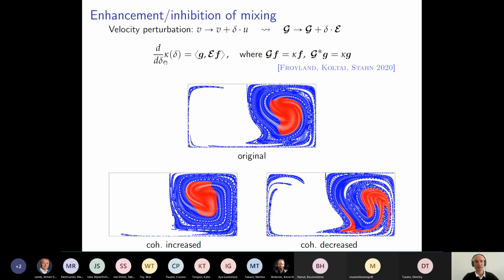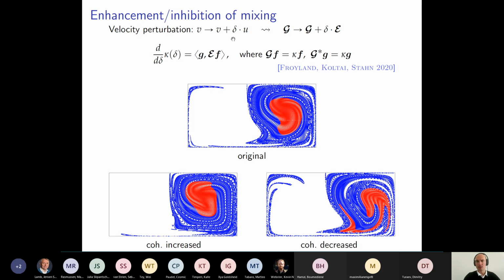And here's the linear relationship, how under this delta parameter the eigenvalue changes. We will need right and left eigenvectors of this generator, or we have to compute functions of the generator and its adjoint, and this is the usual L2 scalar product here.